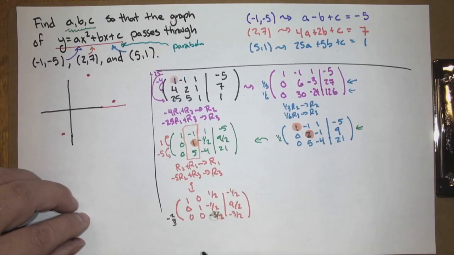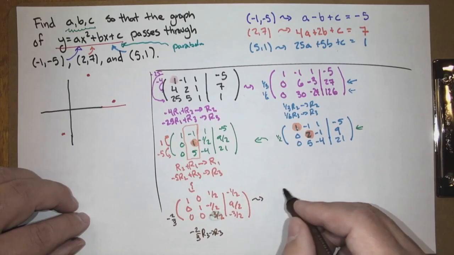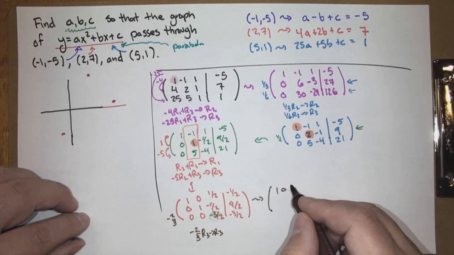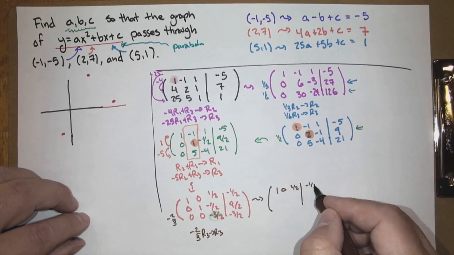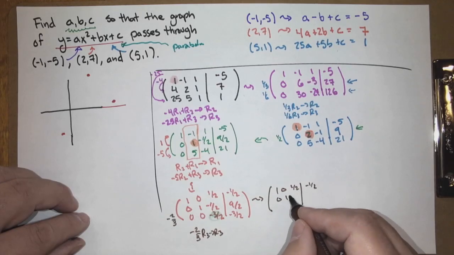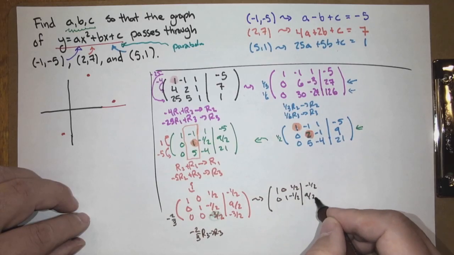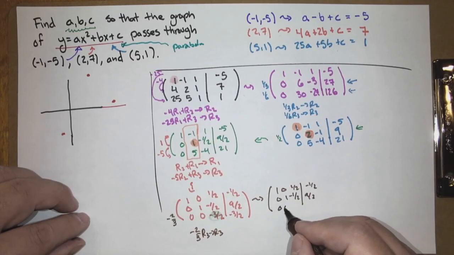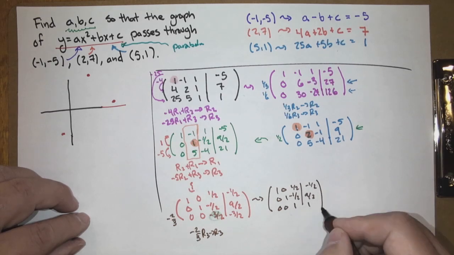Yeah, multiply by minus 2/3. Minus 2/3 row 3 becomes row 3. All right, so we have 1, 0, a half, minus a half; 0, 1, minus a half, 9 halves; 0, 0, 1, 1.